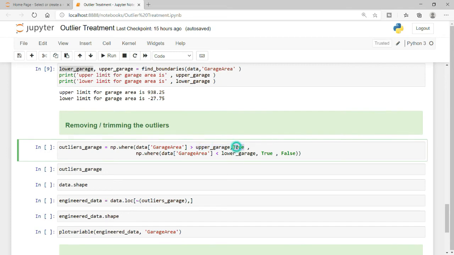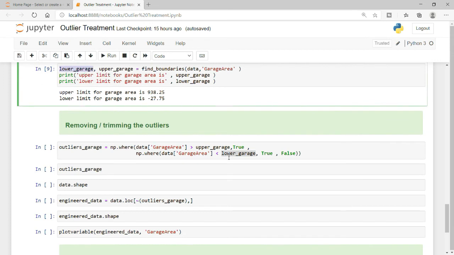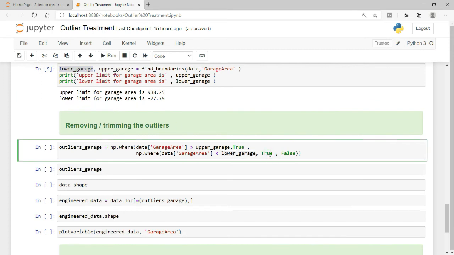Similarly, for any observation in garage area, if it is below the lower garage, the lower limit which I have stored here, simply write true for this also.